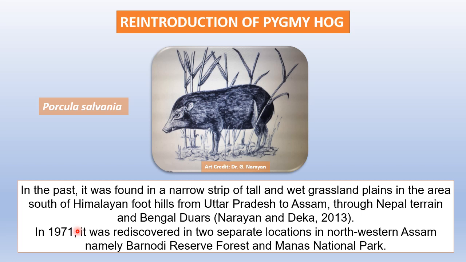Extensive survey in the late 1980s and early 1990s failed to locate any other surviving population of this species in all those former ranges except only a few locations in and around Manas National Park.